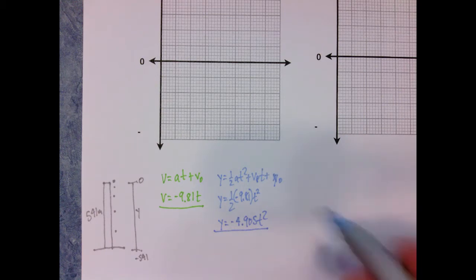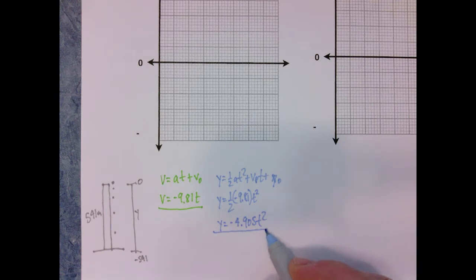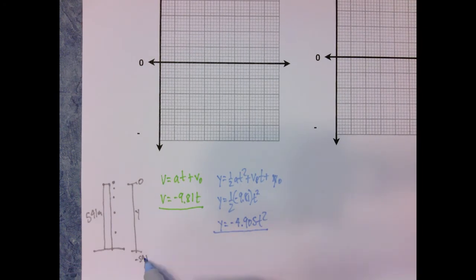So now the two questions we're being asked to answer are, when will it actually hit the ground? Well, when it hits the ground, it will be located here at a position of negative 541. And what's its velocity upon impact? So we can actually just substitute in negative 541 equals negative 4.905 t squared. And then t squared is negative 541 over negative 4.905.